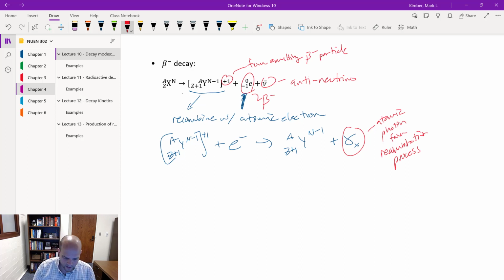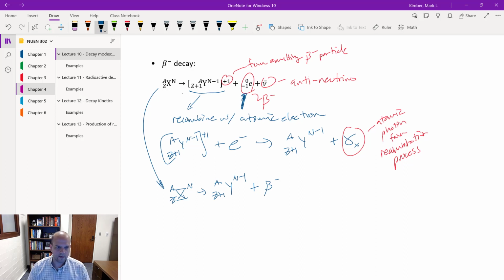And so what do I get? I take this now, and I have the following. I've got my beta minus particle, I've got my neutrino, my antineutrino. But then I also have this gamma sub x.